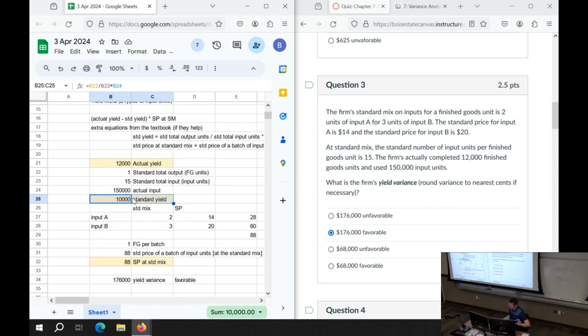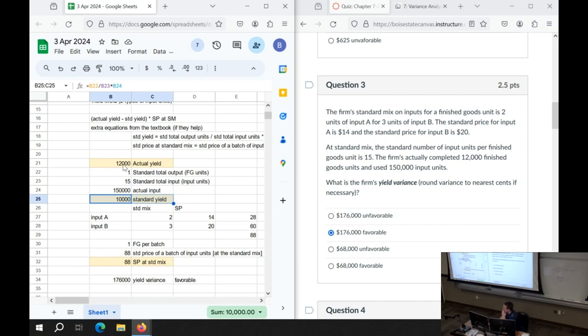With yield, positive is favorable. Or you can do the same comparison, but know that you're comparing actual finished goods units that we spit out of the process versus what we expected to be spit out of the process. We got a lot more out of this than we thought, and that's, I guess, what we think of as the favorability. That's the logic. I don't know if that articulation says it clearly enough for you.